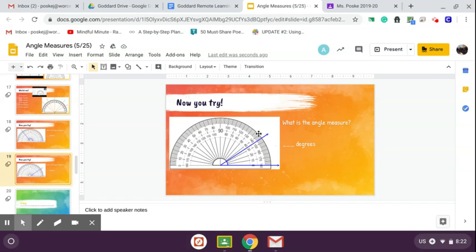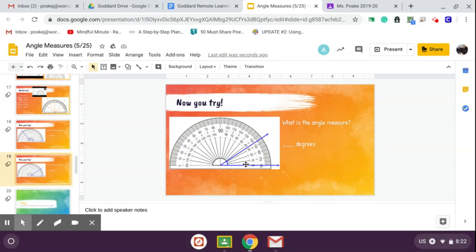You're going to use the protractor to measure this acute angle. And how do I know it's acute? Because it's less than 90 degrees. Okay, remember we're still looking at that 10, 20, 30, 40, 50 column right here. And this angle, we have our 0, but we're looking at this ray right here. This ray determines that it is acute.